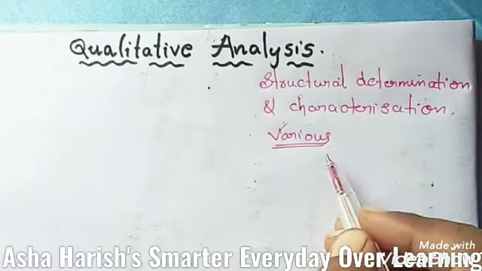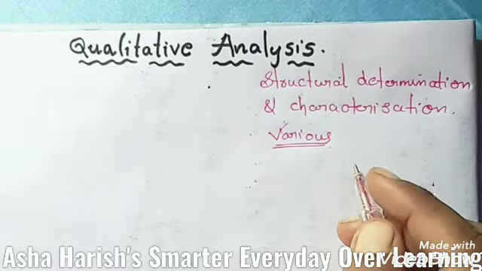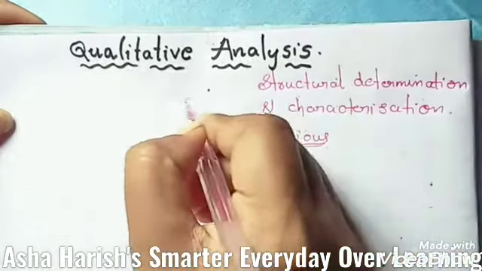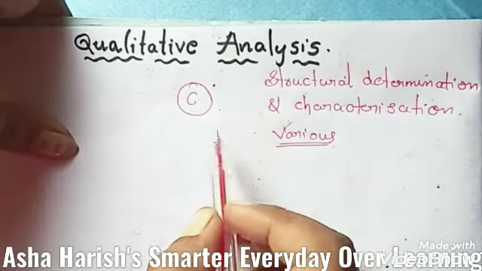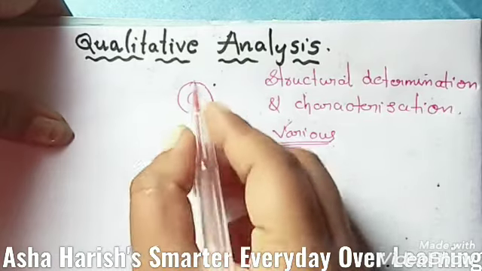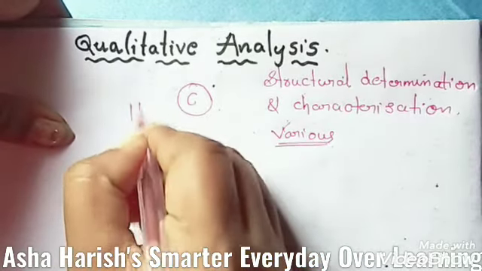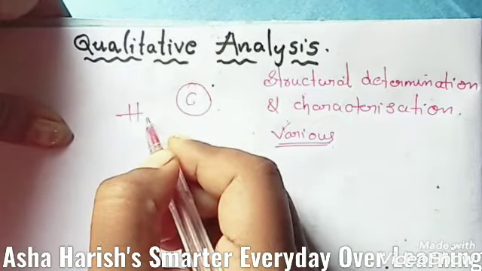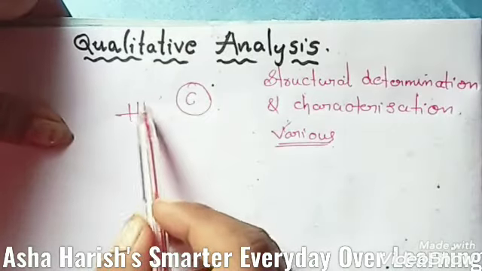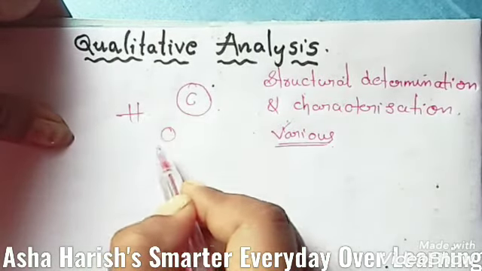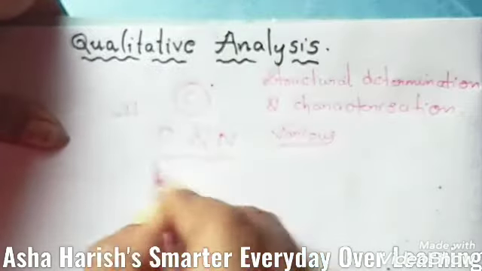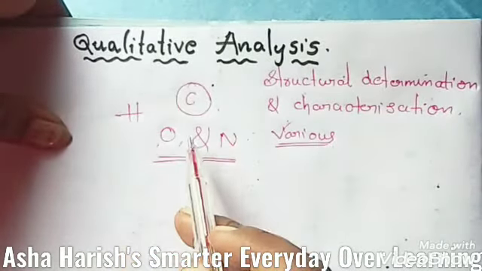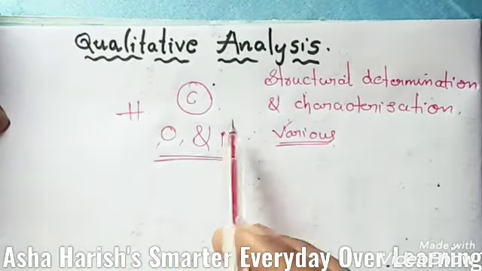The elements which commonly occur in organic compounds are always carbon and hydrogen, and oxygen and nitrogen. These are the elements present in organic compounds.